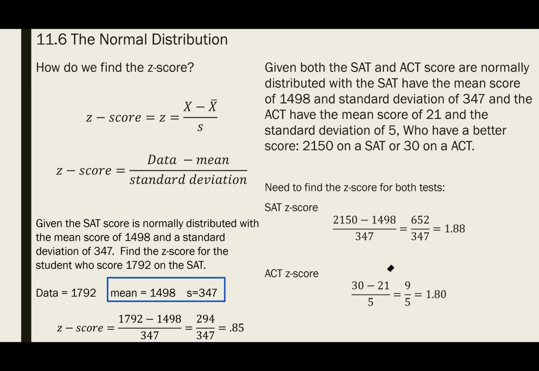But if we have the average and the standard deviation of the ACT and of the SAT, we can compare by changing them to z-scores. The bigger the positive z-score, the better the grade, and the bigger the negative, the worse the grade.